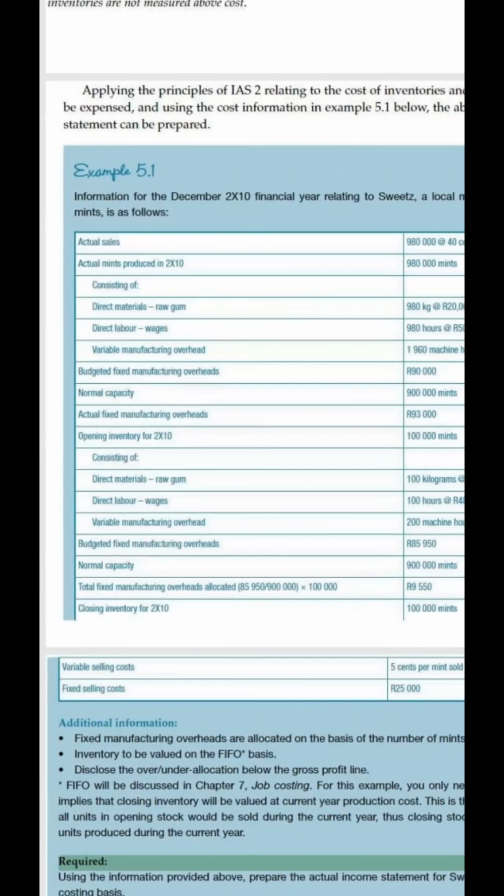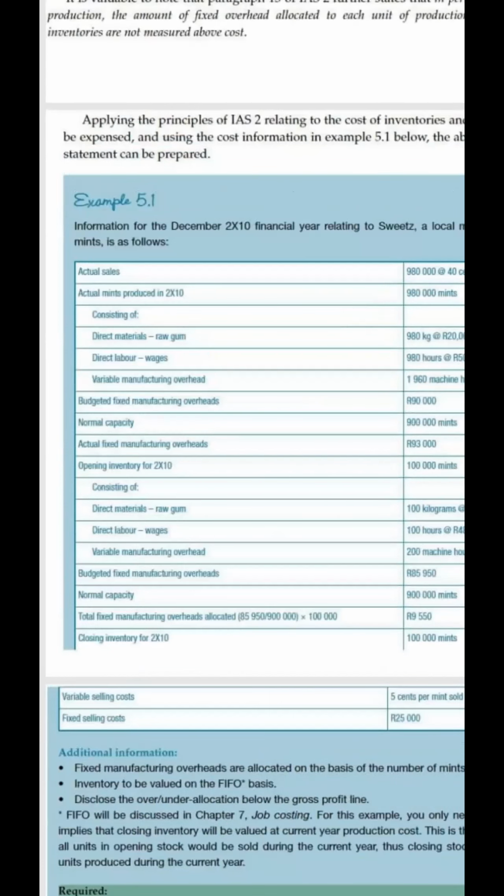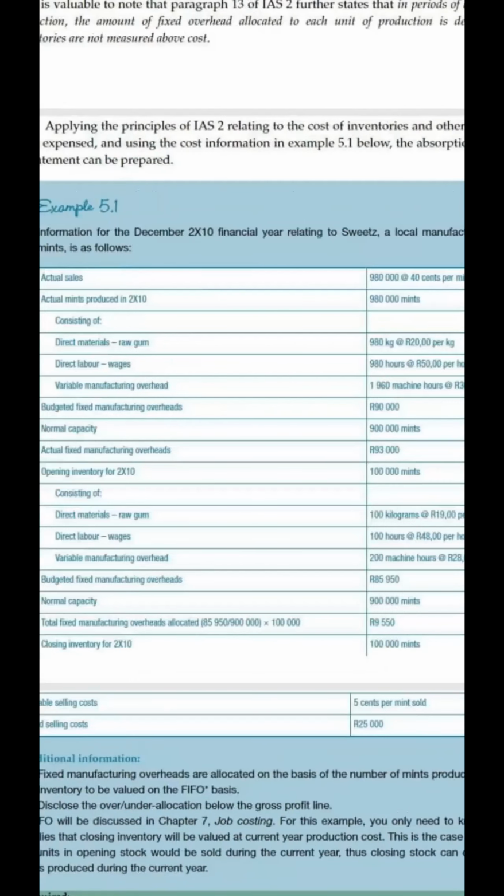All right, let's look at the costs. Okay, so in this instance, it seems like we are dealing with actual material, because I see actual sales, actual production, actual information. That's what it seems from what I'm reading here. All right, so the actual sales are given there as 980,000 at that price each.